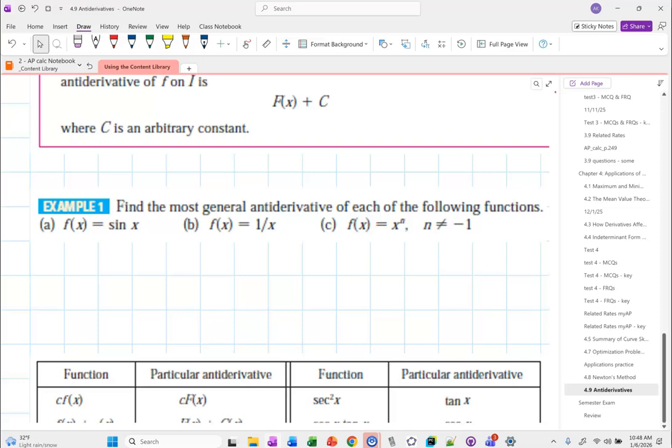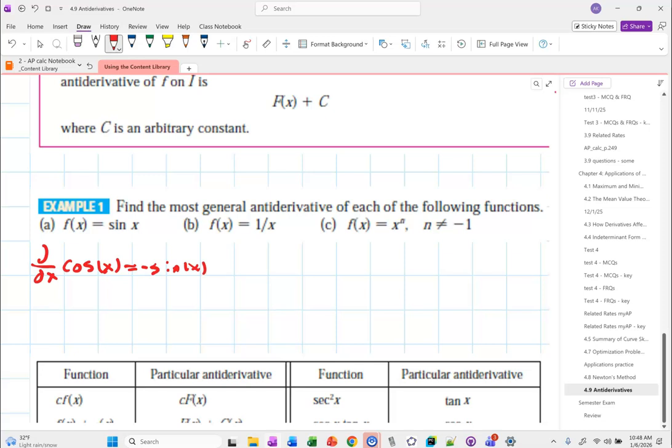So our first example, our function is sine x. The antiderivative of sine x is going to be negative cosine x plus c, because what derivative gives you sine? We remember that the derivative of cosine is negative sine.